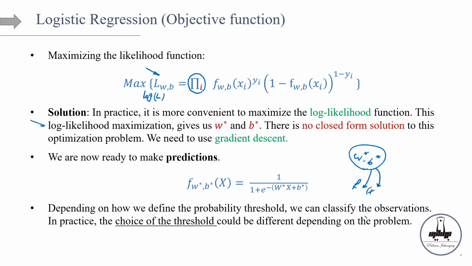Depending on how we define the probability threshold, this is what we just discussed, right? We can classify the observations in practice. In practice, the choice of the threshold could be different depending on the problem. So let me give you a quick example of why we care about this threshold. For example, you're doing some COVID tests, right? So you're looking at the COVID test results, and you want to be conservative to avoid too many false negatives, right?